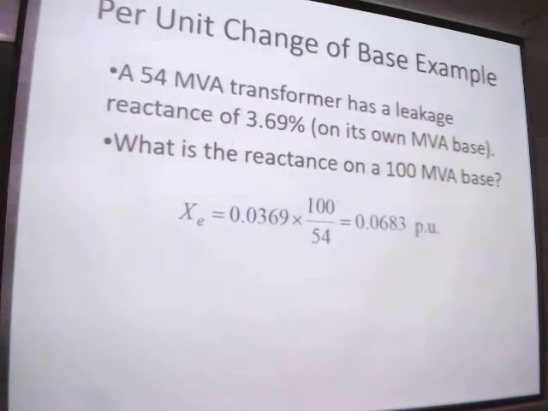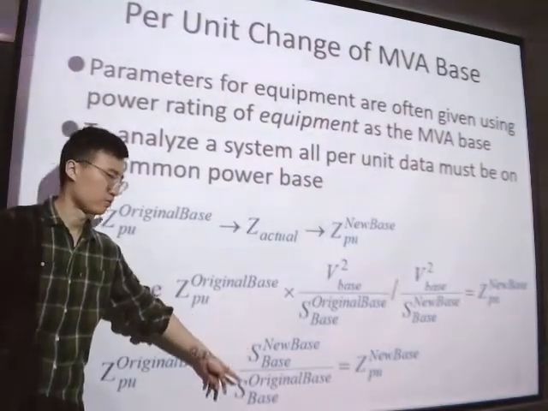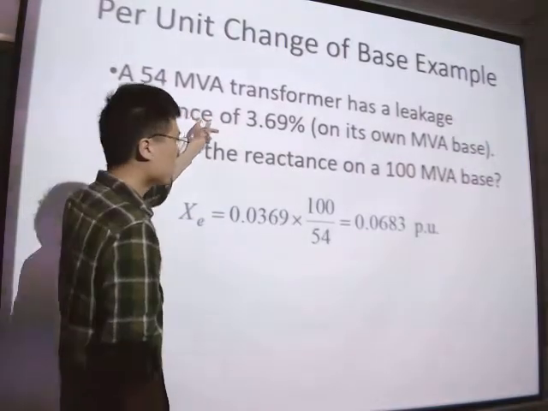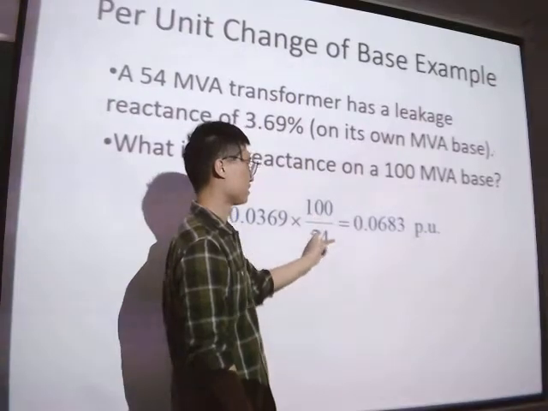We need to convert this value to a new per unit base with a 100 megawatt base. The original base is 54 here, and the new base is 100 here.